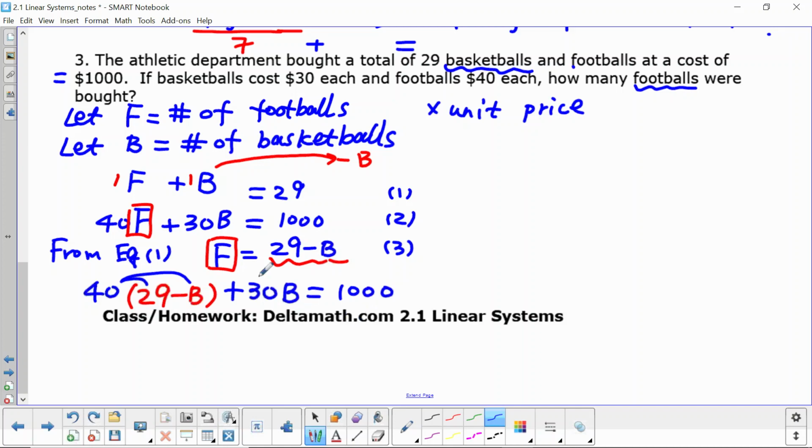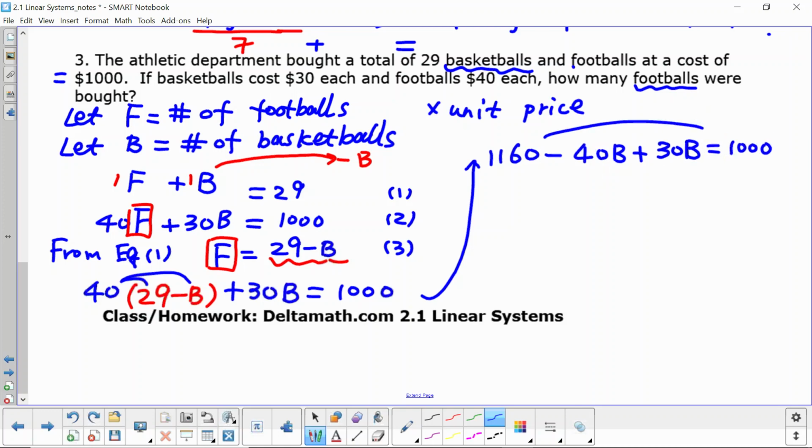So 40 times 29 gives you 1160, minus 40b plus 30b equals 1000.